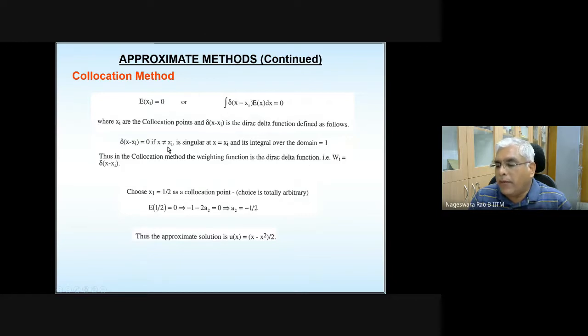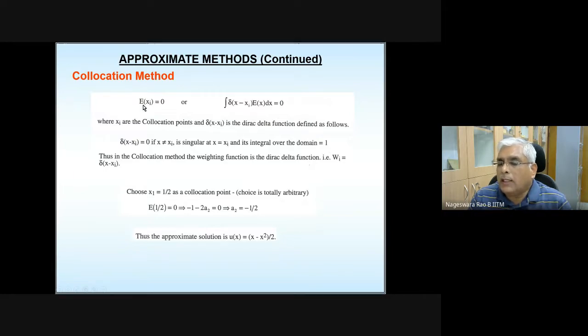At x equal to xi, the function value is going to be infinity, and at any other point the Dirac delta function is going to be 0. When you integrate this function from minus infinity to plus infinity, since it is 0 everywhere except at x equal to xi, the area under the function is going to be 1. That is what the Dirac delta function is.